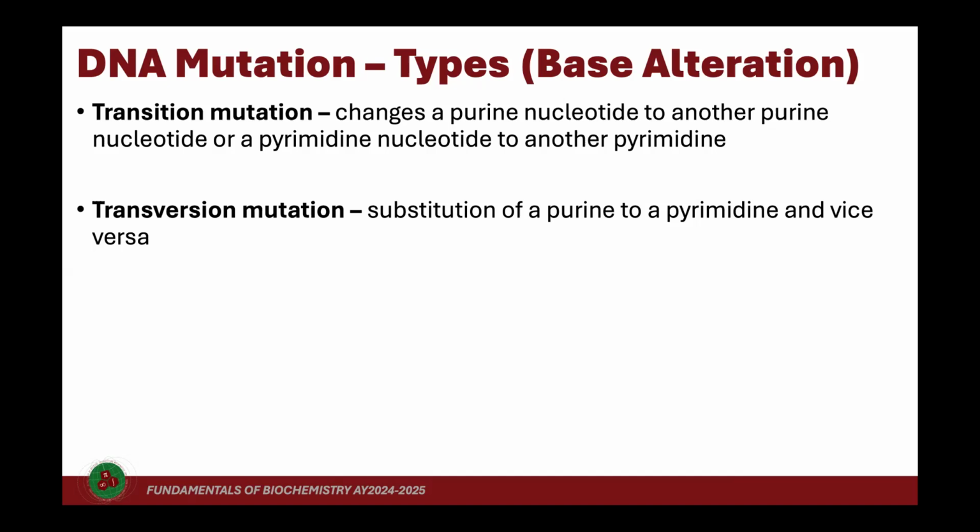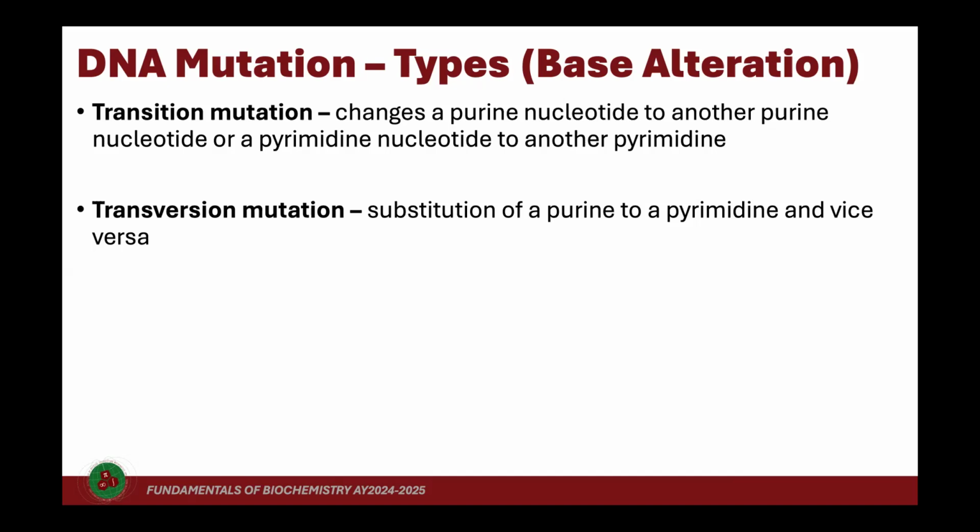And to be more specific, if a purine nucleotide is changed to another purine, or a pyrimidine nucleotide is changed to another pyrimidine. So for example, if it is an A in the original DNA sequence and it becomes G, that is a purine-purine change, right?